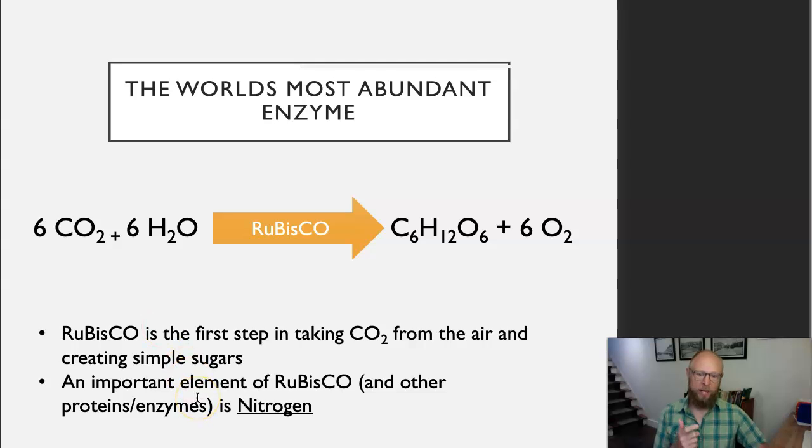The other thing I want to point out is that nitrogen is a really important element of all enzymes in plants, but especially in rubisco. So if a plant is nitrogen limited, there's a good chance it's not able to produce as much rubisco as it might want to, and that would affect its ability to take up CO2 quickly.